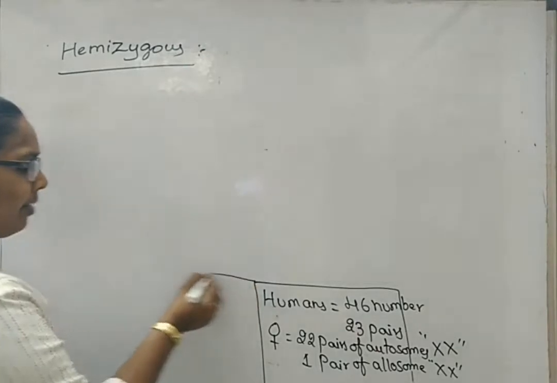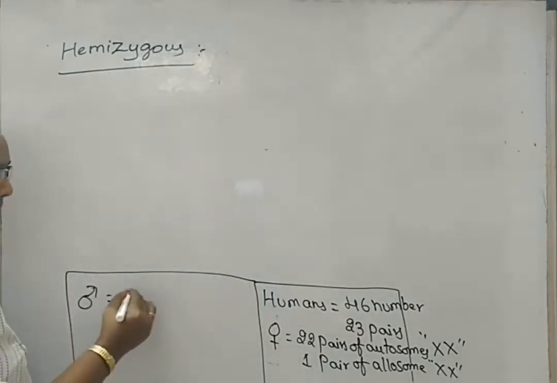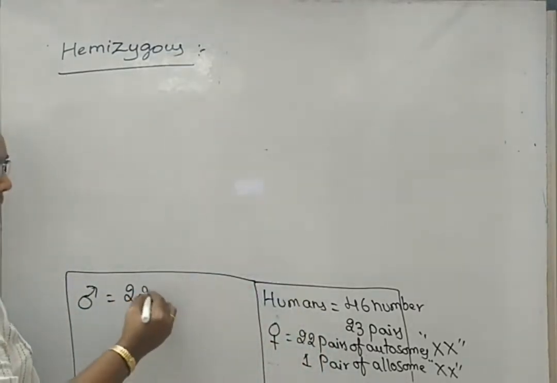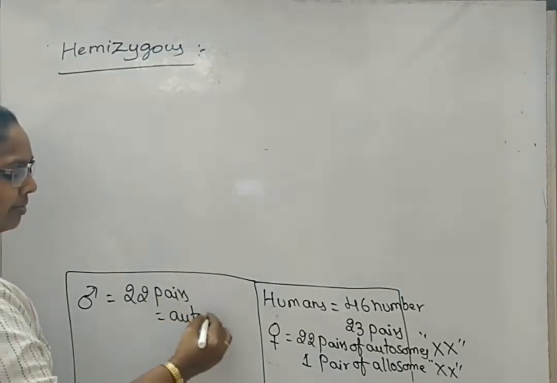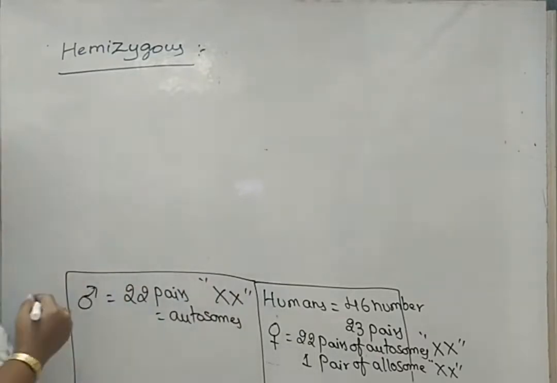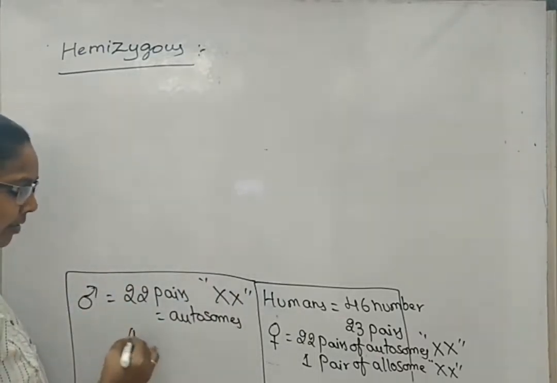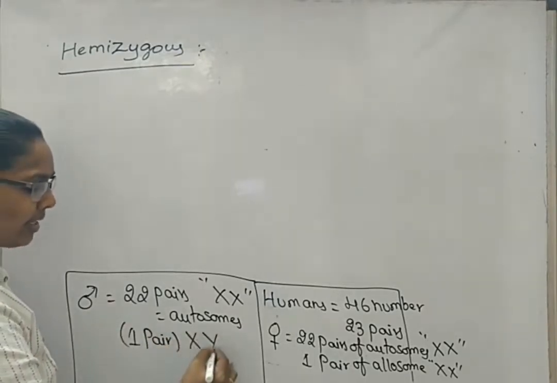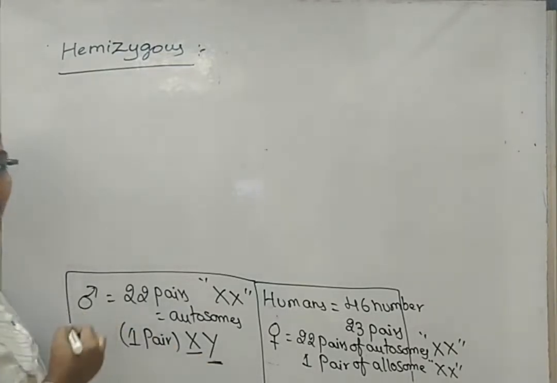But if you take male humans, out of the 23 pairs of chromosomes, they have 22 pairs as autosomes. But coming to the last pair, that pair is actually X and Y. Here X is one type, Y is another type.